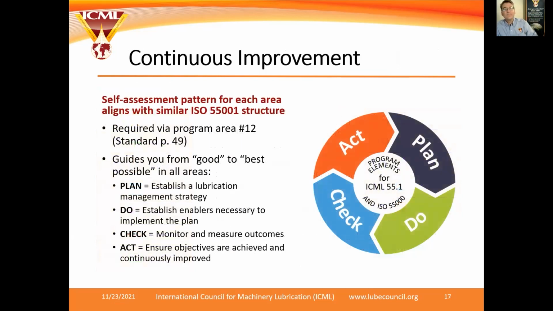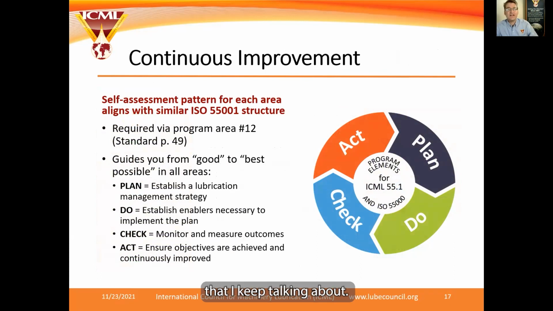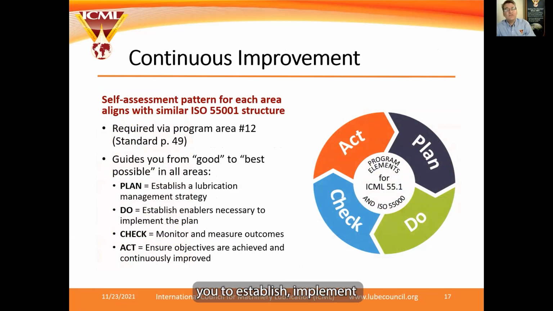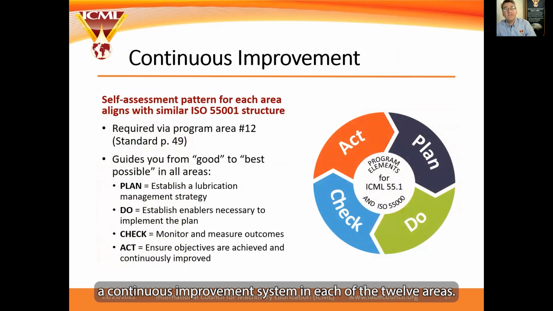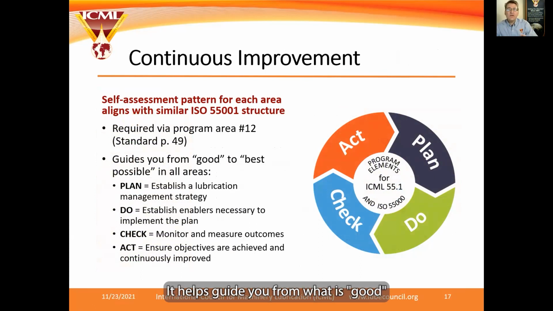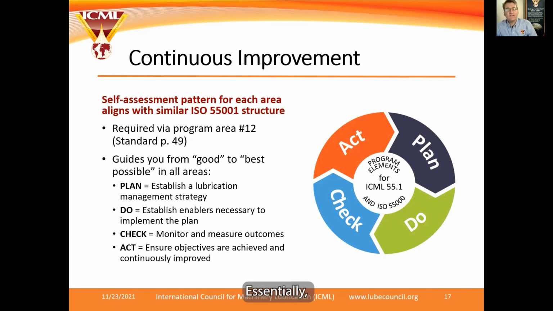And here it is. This is an integral component of the structure or the pattern that I keep talking about. In alignment with 55,001, this standard instructs you to establish, implement, and maintain a continuous improvement system in each of the 12 areas. So just like ISO, we employ the Plan, Do, Check, Act system here. It helps guide you from what is good to what is best possible in each of the 12 areas.